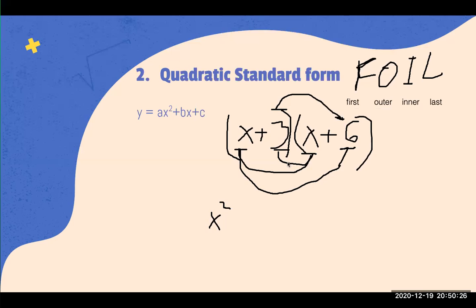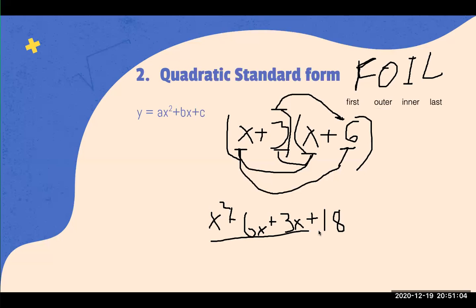Then we have outer, and that's x times 6, so that's plus 6x. Then we have inner, 3 times x, so that becomes plus 3x. And we have last, 3 times 6, that's 18, so that's plus 18.